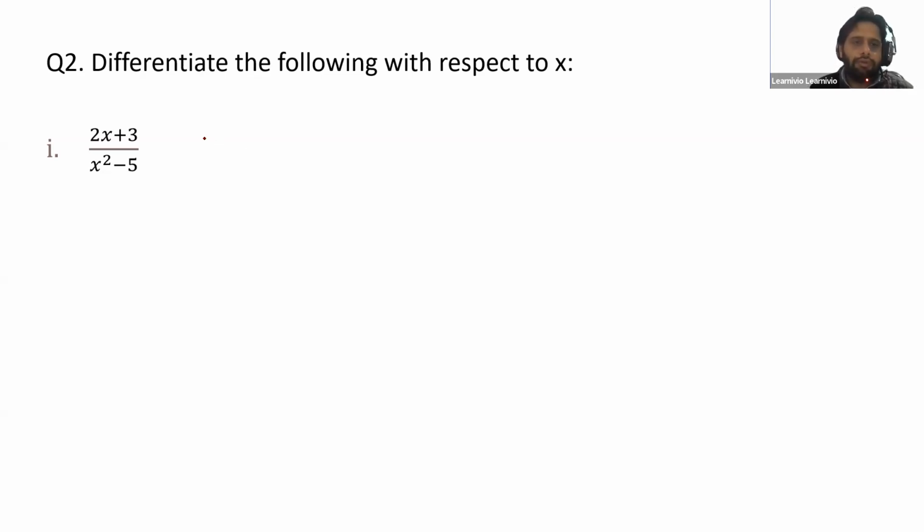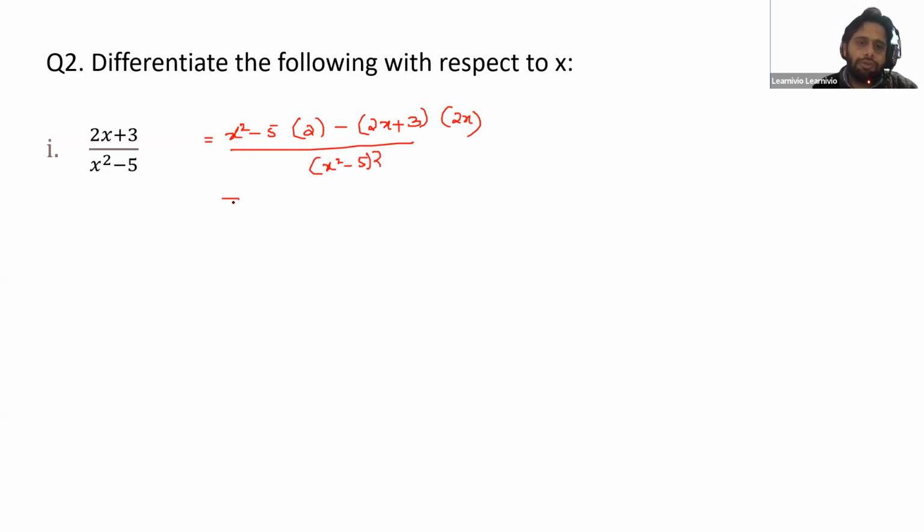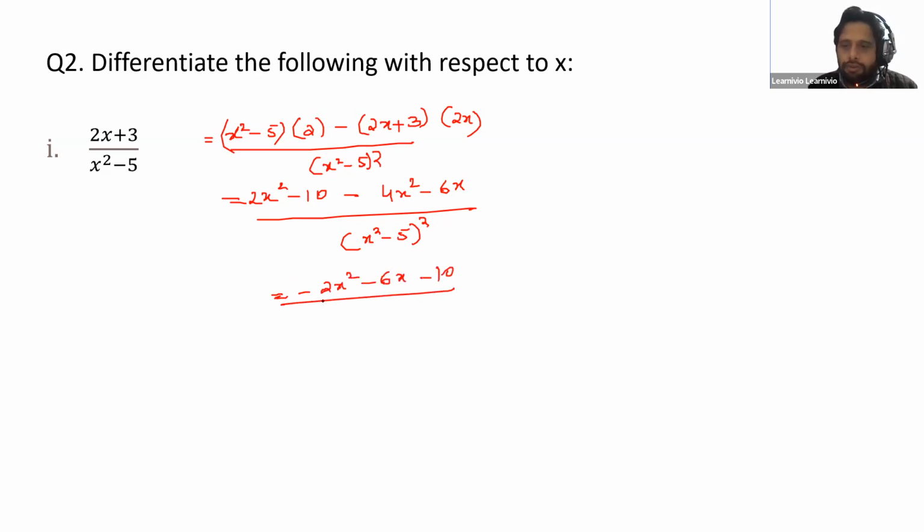If we solve it, we will get x square minus 5, and you will get a 2 minus 2x plus 3, where 2x by denominator x square minus 5 whole square is equal to x square, this bracket, 2x square minus 10 minus 4x square minus 6x by x square minus 5 whole square. Okay, so this will give you minus 2x square minus 6x minus 10 by x square minus 5 whole square.